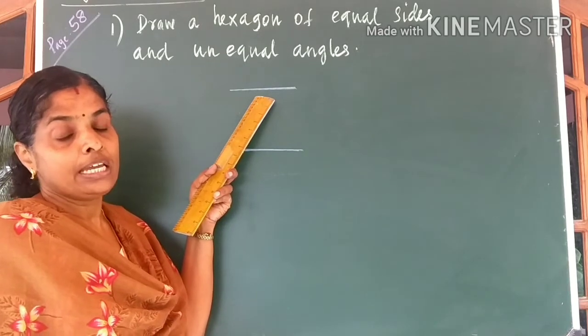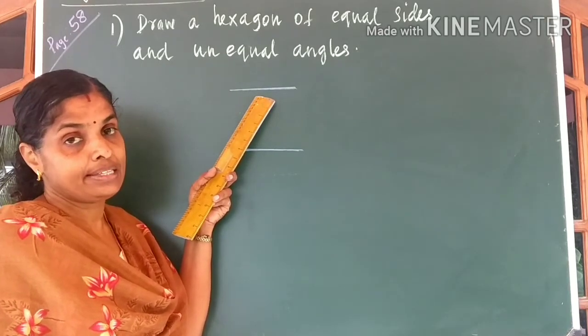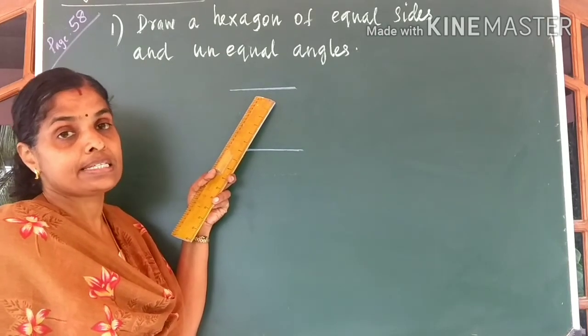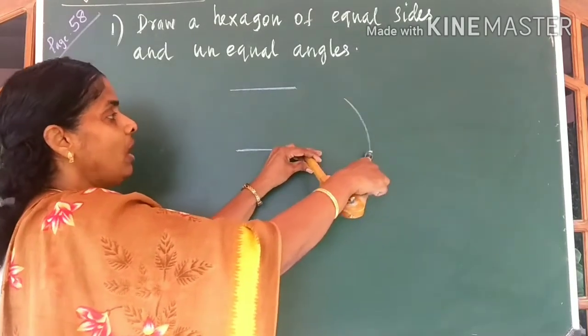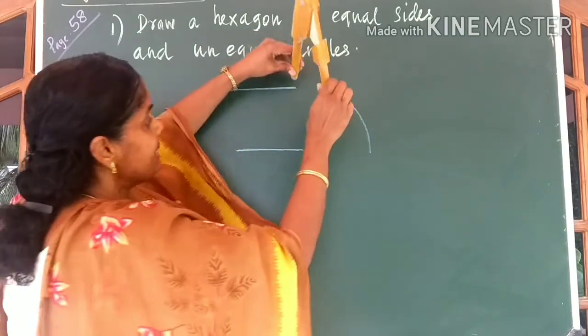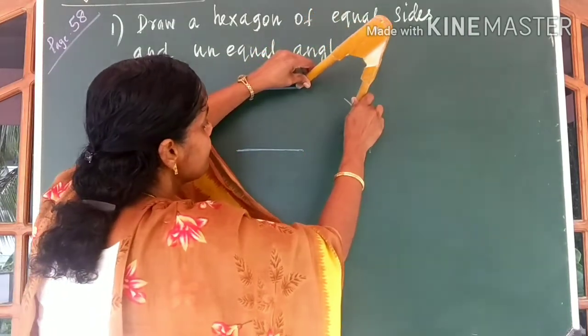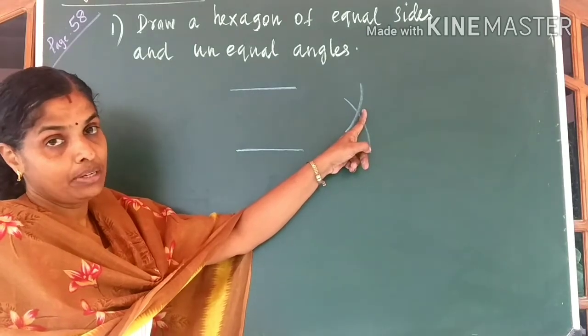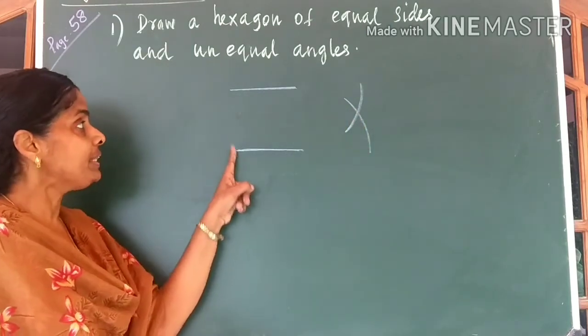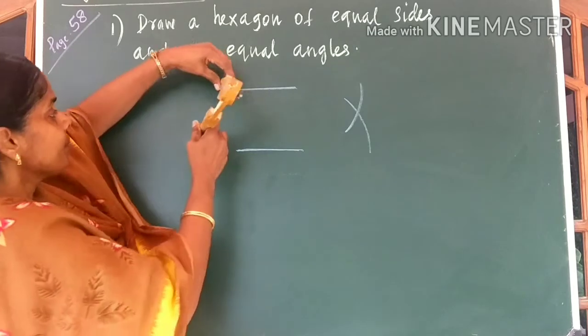Now in your compass you take the same measure, 6 centimeters. I am drawing an arc of measure 6 centimeters. With this point, draw another arc. The two arcs will meet at a point. Repeat the same with these two ends.